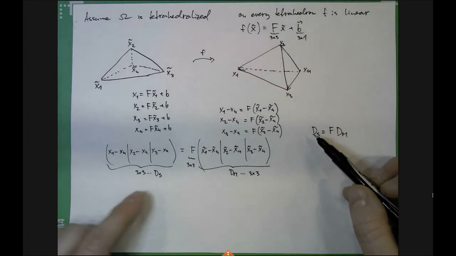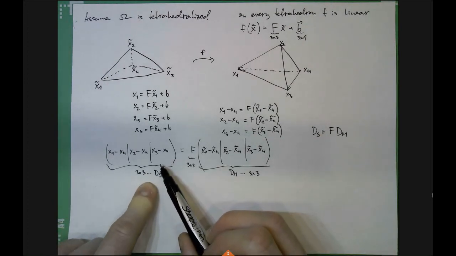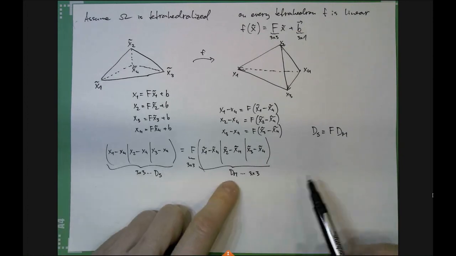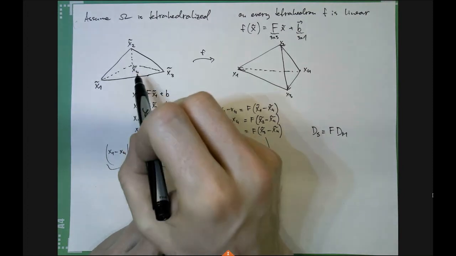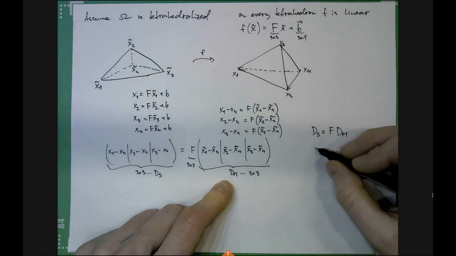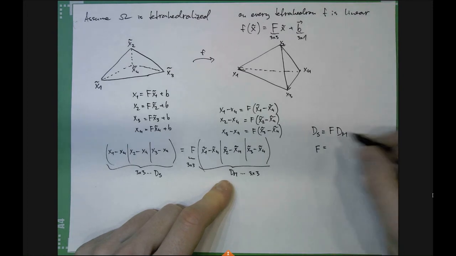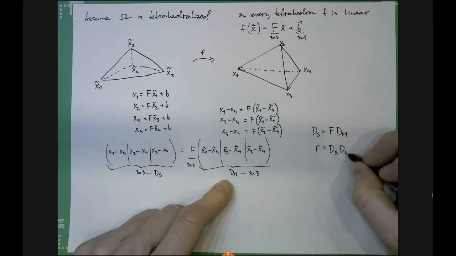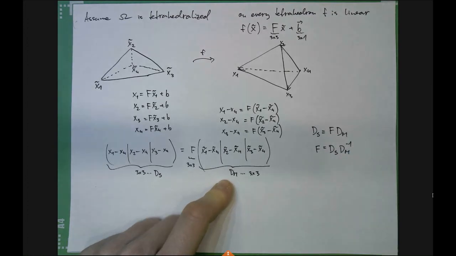So the Ds depends on the current deformed state, right? The Dm depends on the rest state, which does not change in hyperelasticity. So what I can do is express F from here, and just invert the Dm.